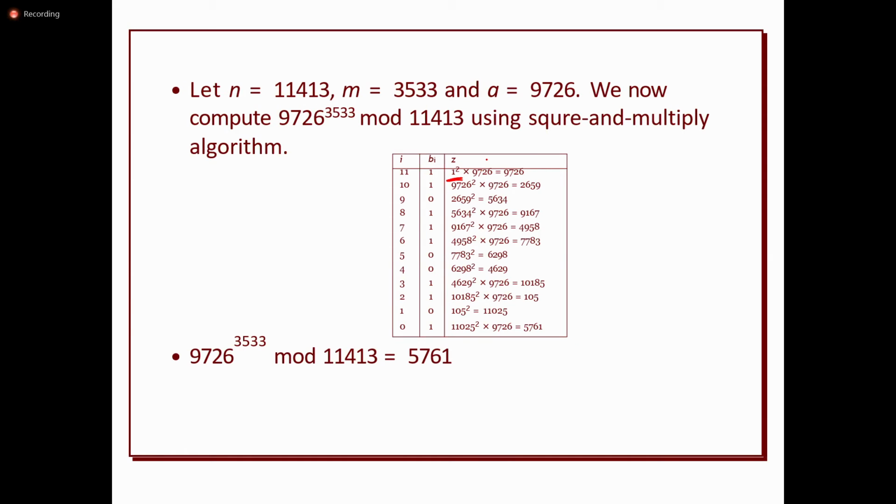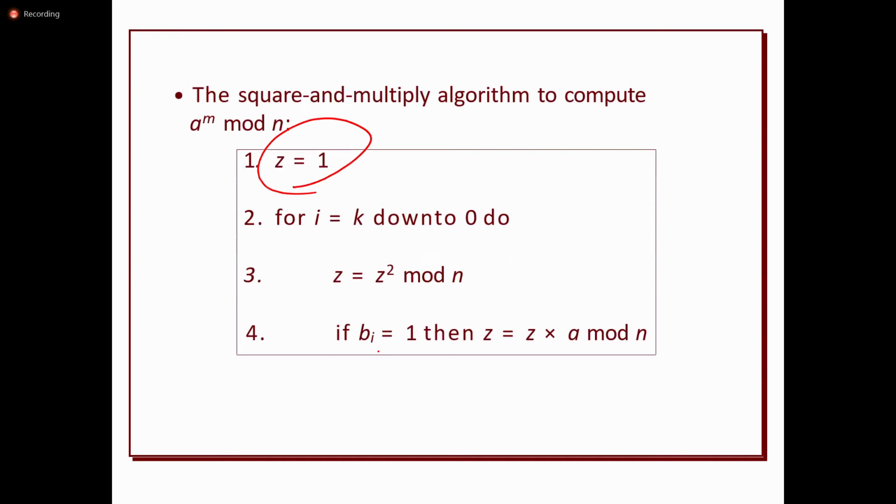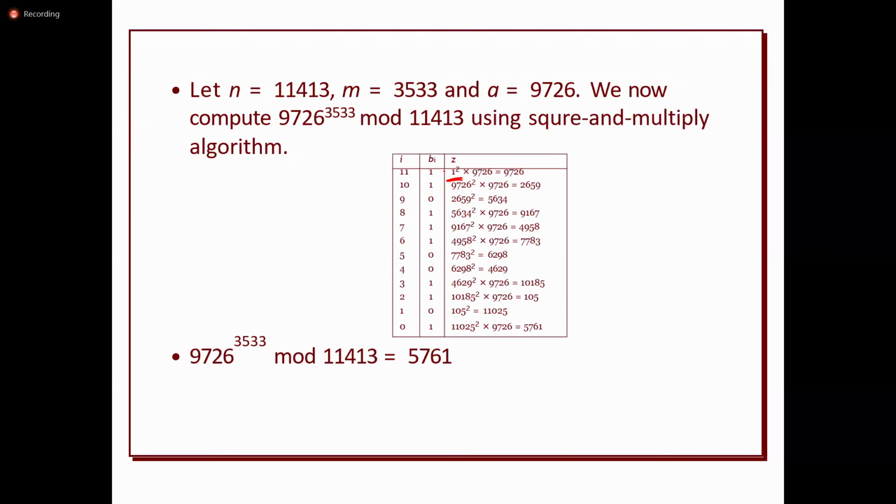Why is it multiplying? Because if bi is equal to 1, it has to multiply with a. So a is 9726, mod n. Whatever result it gets, it will take mod n.